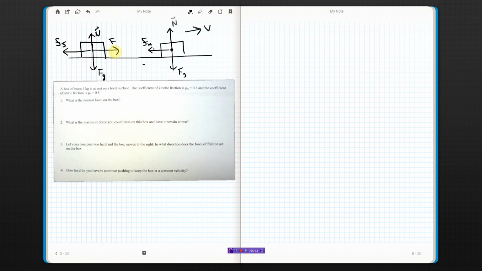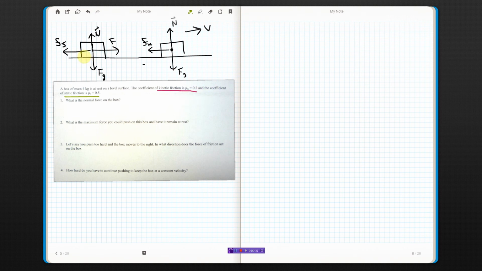Okay, but these are two different kinds of friction, and so you use two different numbers for the coefficient of friction. Normally, kinetic friction is less than static friction. See, static friction is 0.5 and kinetic is 0.2.